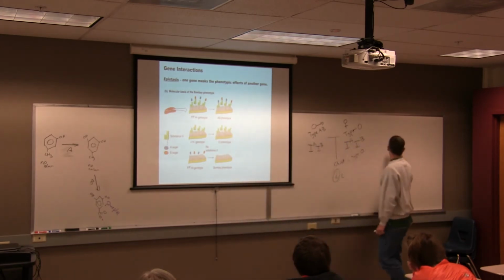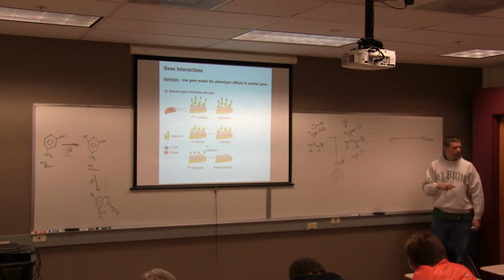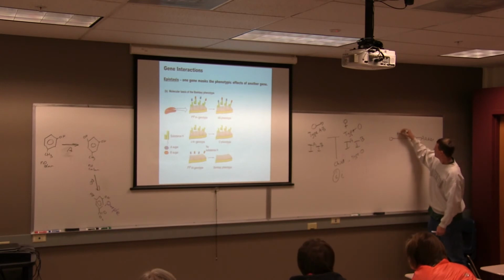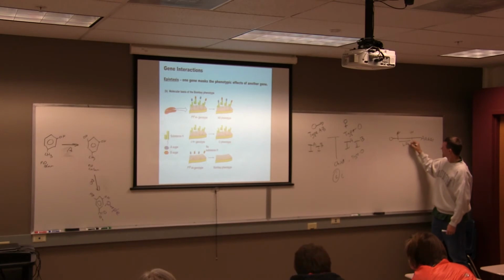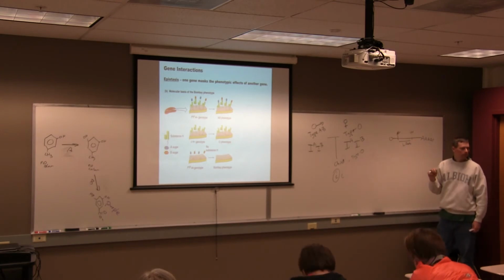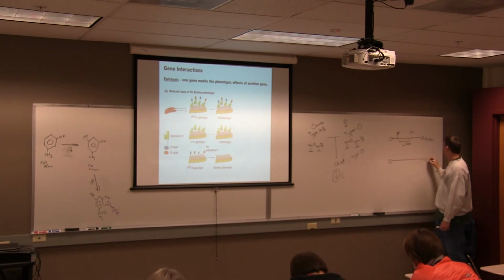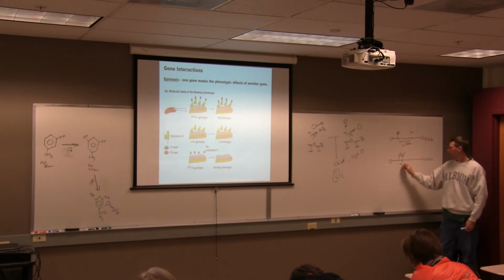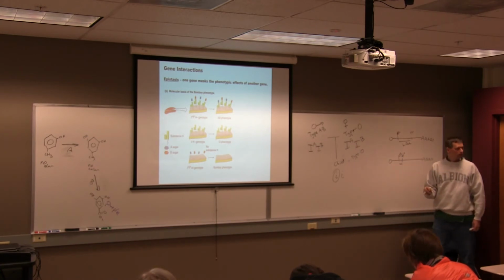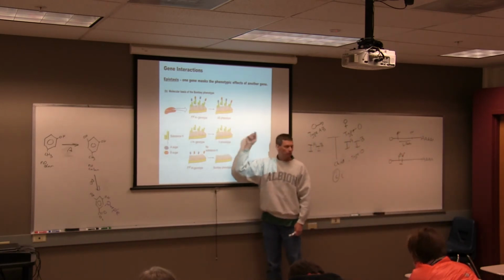So if you have your messenger RNA, probably almost everyone in this room, you've got your ATG, you get your termination codon, you make your H factor. This woman, for that gene, has an ATG and then a termination codon right after it. So she is unable to make the H factor protein.